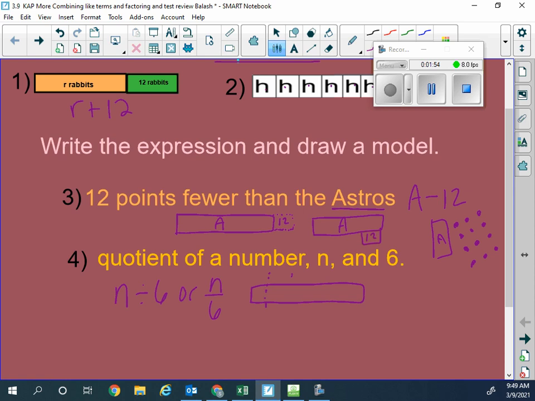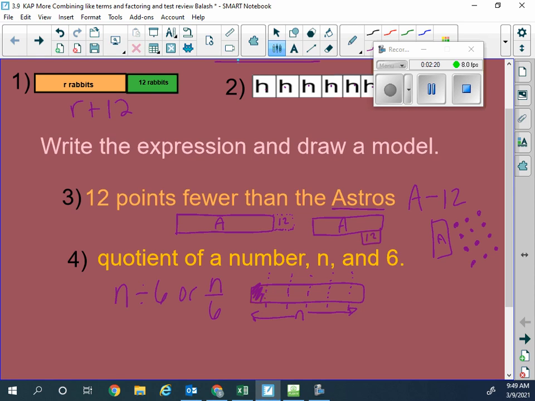I can cut it like that, and the whole thing represents n, but if all I want is 1/6 of it, then how do I show that? Yeah, I just need to shade 1. Okay? And then the same thing, you can take an algebra tile and then cut it as well, just like that.